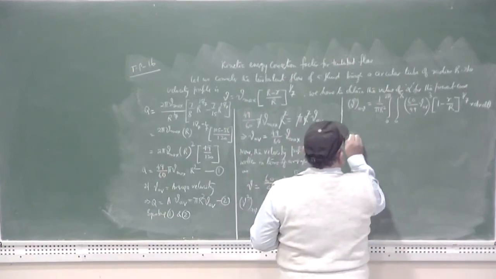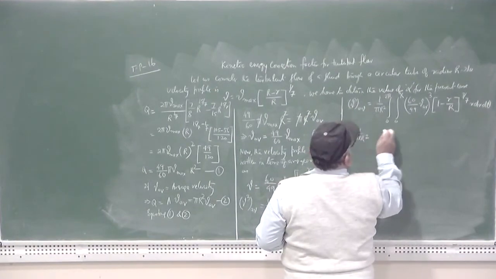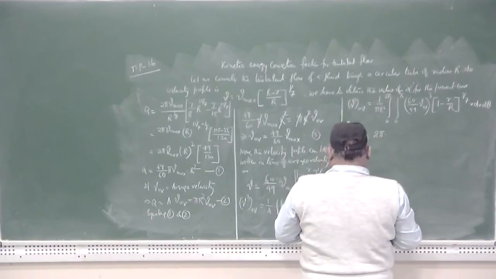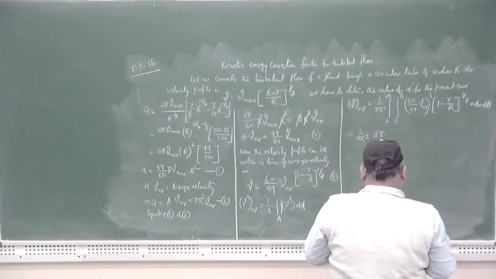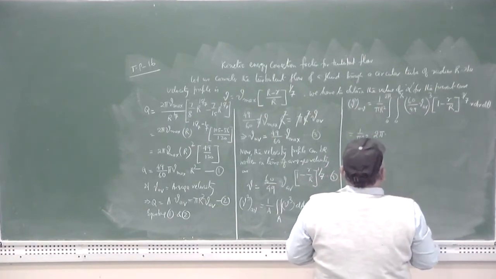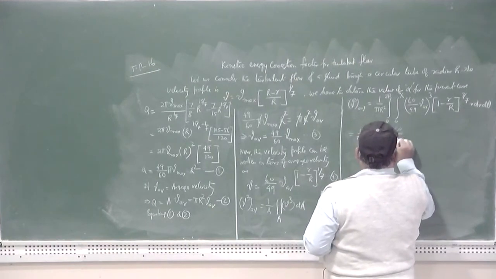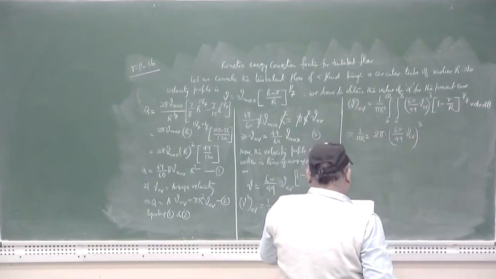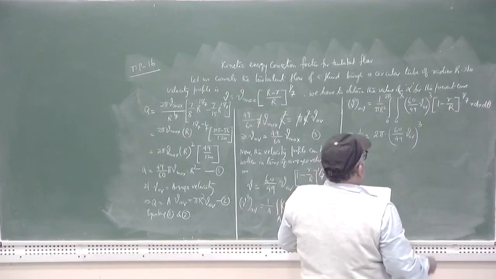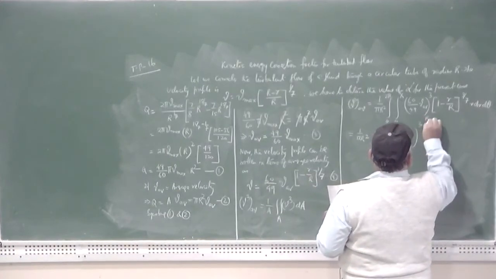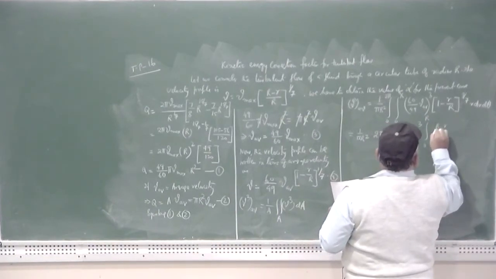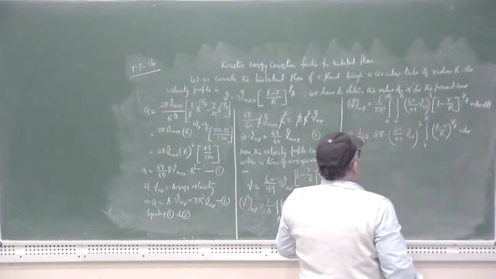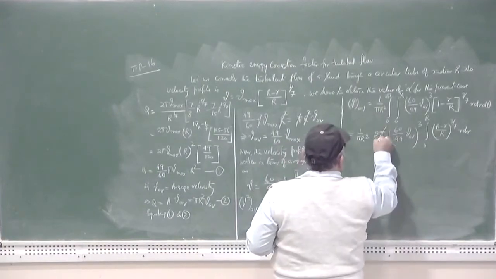That will be given as 1 upon pi R square, integrating theta, so 2 pi, into 60 by 49 V average, that is whole cube, integration 0 to R, 1 minus r divided by R raised to the power 3 by 7 into r dr. That is the pi gets cancelled out.